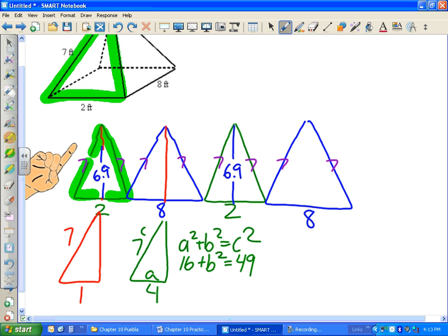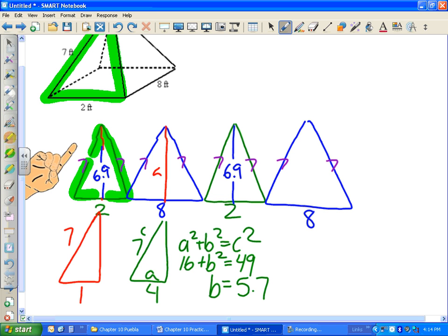Okay, so I got 49 minus 16 is 33. What's the square root of 33? B equals, I'm doing it all in the calculator, guys, 5.7. Okay, so see why you can't just use the same slant height for all of them?